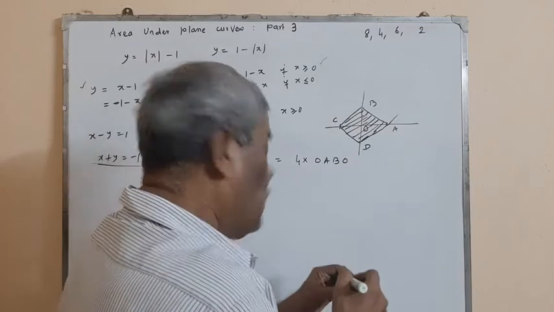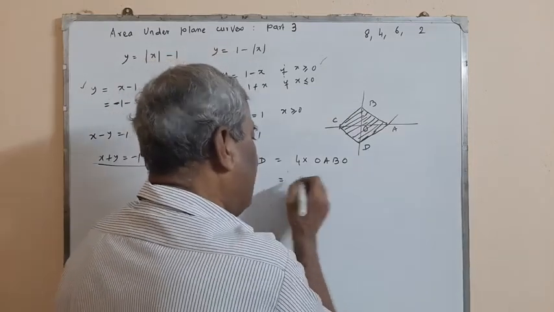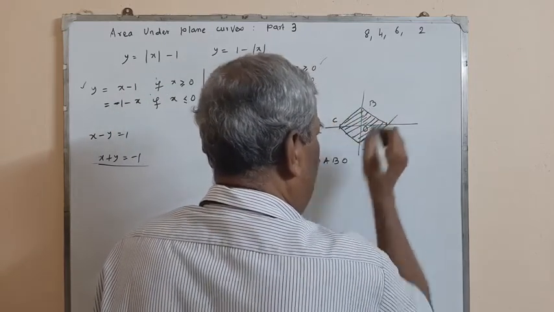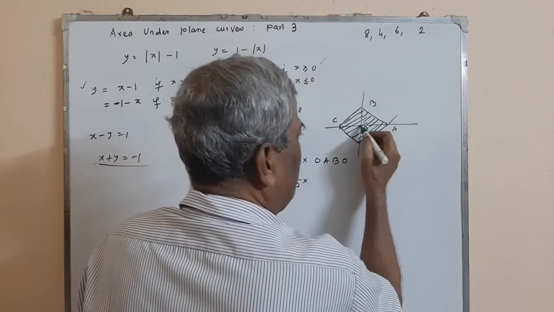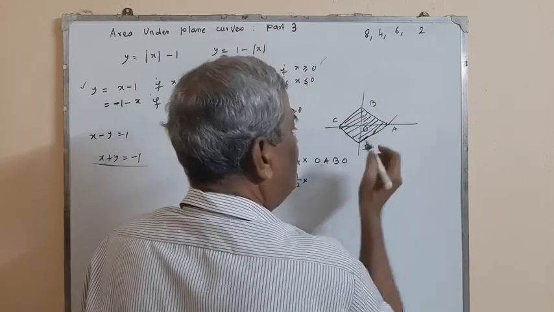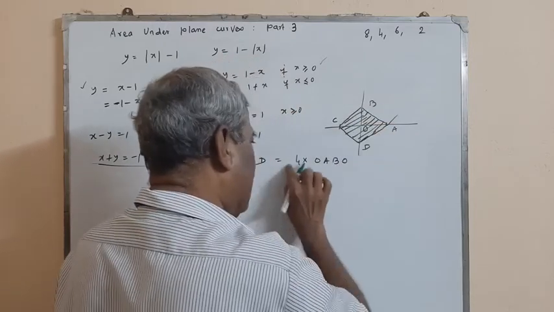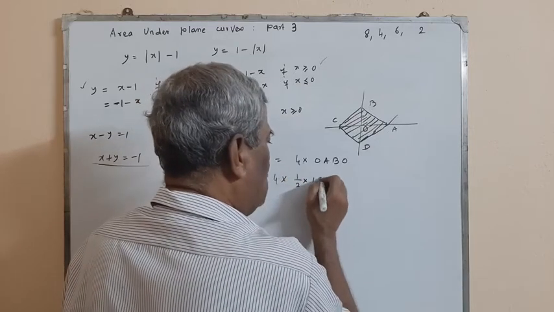Now, no need of integrating, because its area is the area of a right angle triangle. It is half into base, base is 1, height is also 1, and before that, 4 is there. 4 into half into 1 into 1.